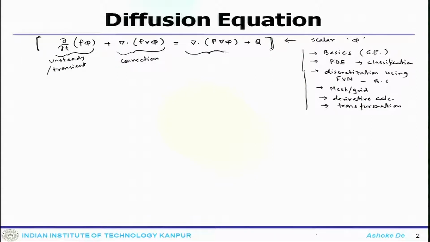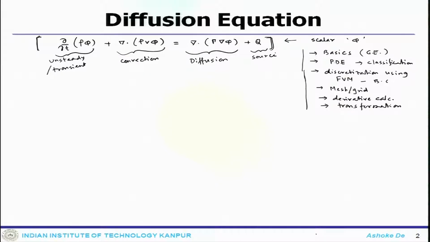Then you have the diffusion term, which is more like a generic diffusion term. If you go to the momentum equation, this will lead to the Laplacian form of the second derivative of the velocity component. If you go to the temperature equation, that will give you the temperature Laplacian, and the last term is the source term. These are the different terms in this transport equation.